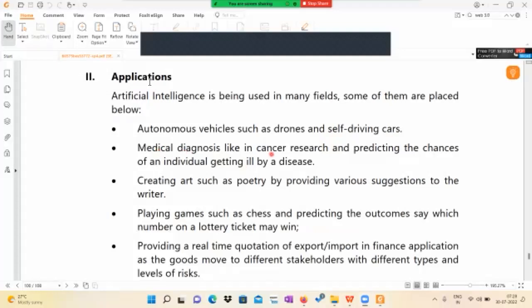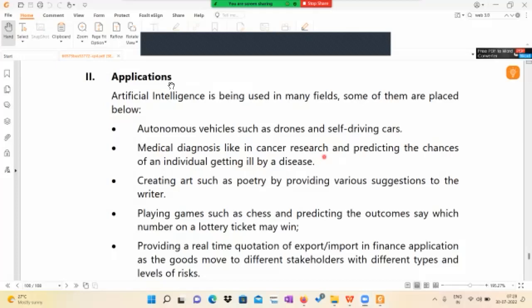The medical diagnosis, like in cancer research and predicting the chance of an individual getting ill by a disease. We know that in every disease, there will be certain stages, and according to the stages the illness will be there.